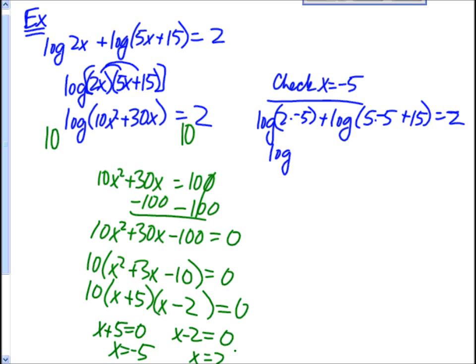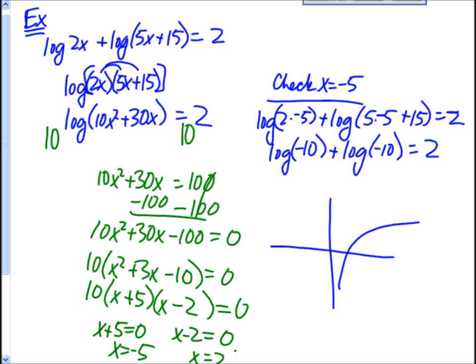So this is the log of negative 10 plus the log of negative 25 plus 15, negative 10, equals 2. And you're like, wait a minute, log of negative 10? The logarithmic function looks like that, doesn't it? My domain on this thing is greater than 0. I can't even have the log of a negative number, right? You punch that in, it'll give you an error. So you throw it out. Negative 5 definitely does not work.